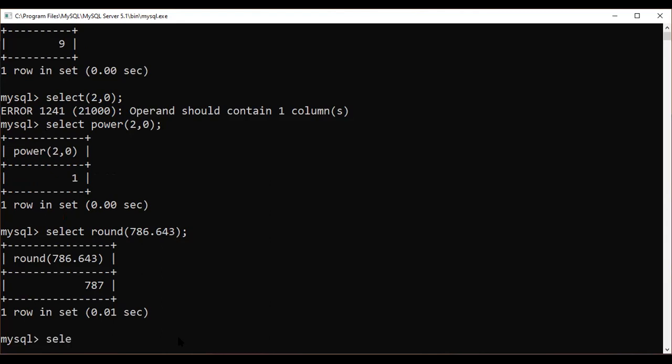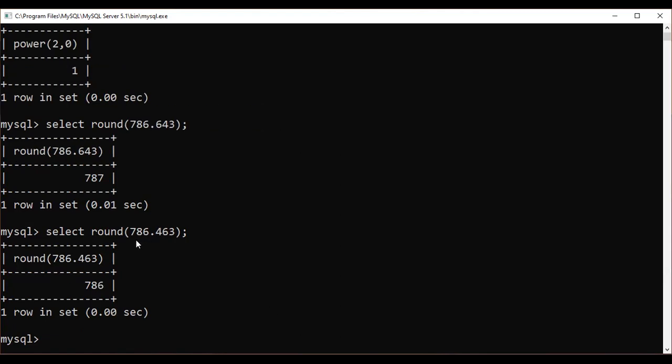If I say select round of 786.463, what could be your output? Your output will be 786. How? That is 786. After that, the decimal places are to be removed.